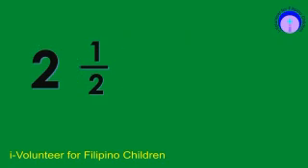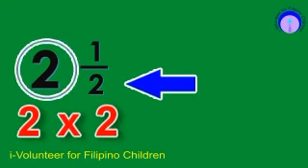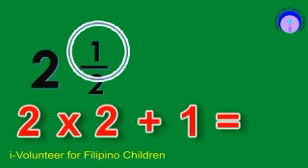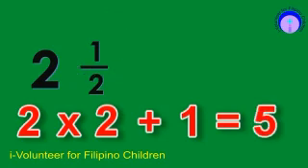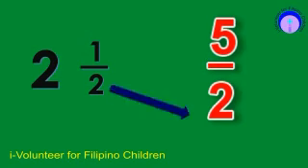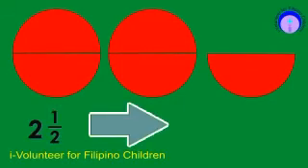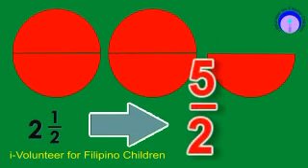Again, denominator is multiplied to the whole number plus 1 equals 5. 5 becomes the numerator, while 2 is the denominator. This is now the improper fraction of 2 and a half. This is read as 5/2.